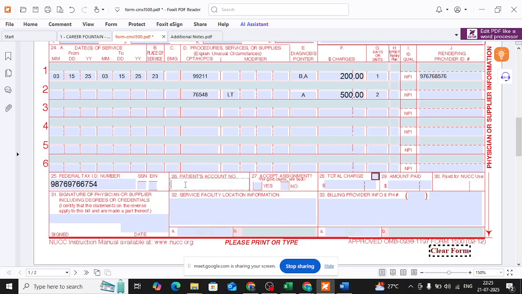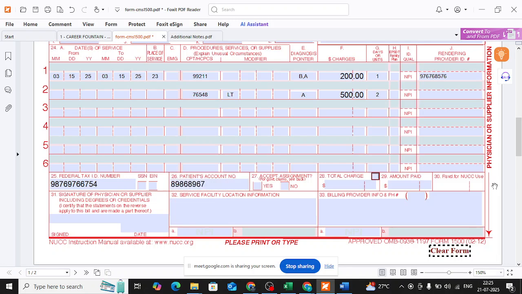Box number 26 is for the patient account number. As I said, if a patient is coming again and again, we are not going to create a new account every time for that patient. There is a single account for every patient in our software, right? That account number will go here, so that whenever we receive any document, any EOB from the insurance, which needs to be posted into the patient account, the payment posting team can post directly into the correct account on the basis of this account number.